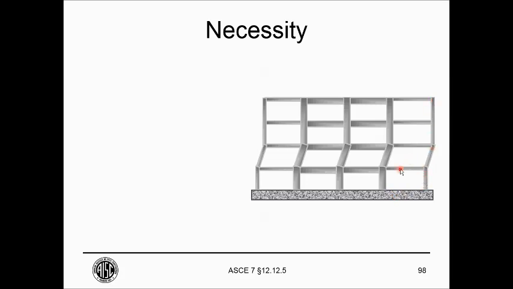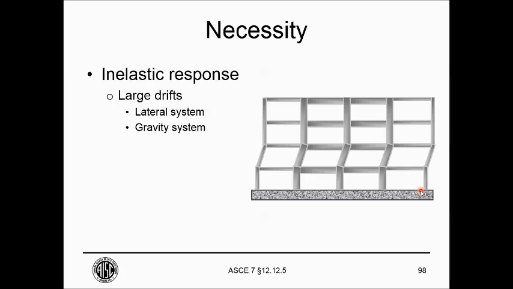So it's important to design our moment frame to be able to go to, say, 2, 3, even 4% drift. Likewise, it's important to detail the rest of the gravity beam and column connections to go to that same drift and still maintain the gravity support. So those drifts affect both the lateral and the gravity system.